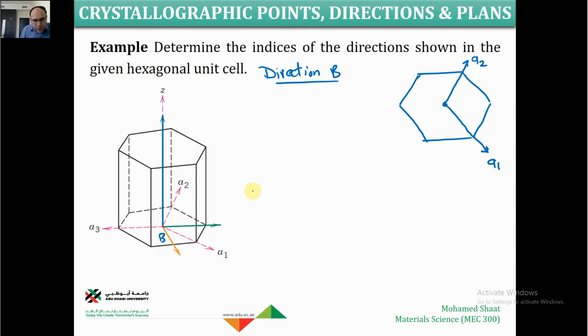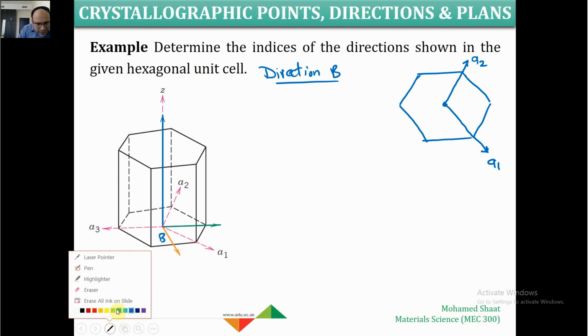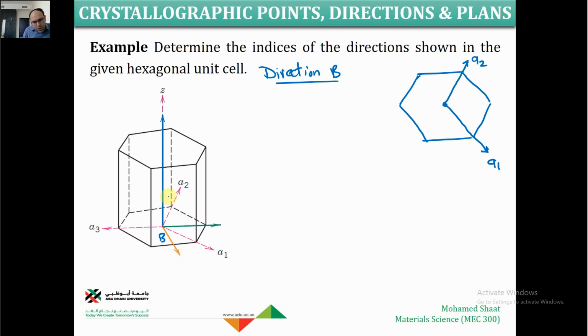Vector B should be drawn going down, as shown here. If this is the start point, in the middle of this line, you just connect this point to this point. This is going to give you the direction B.